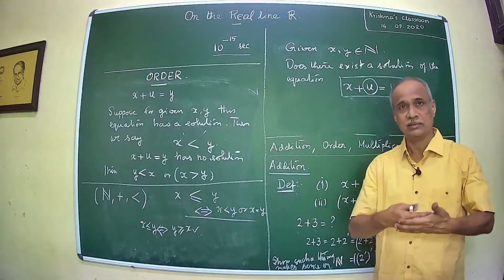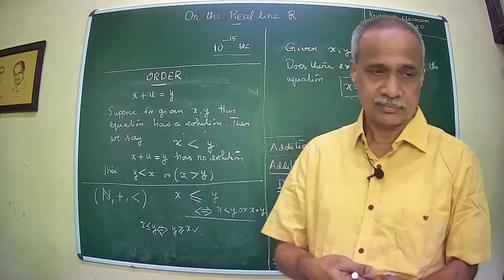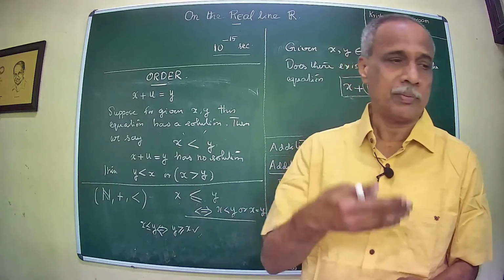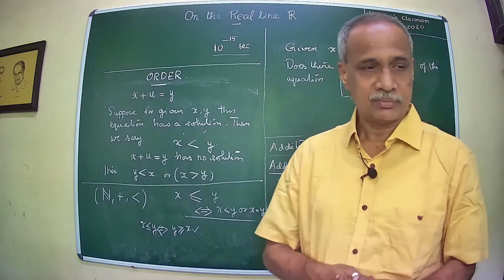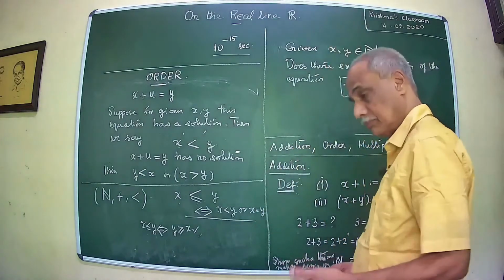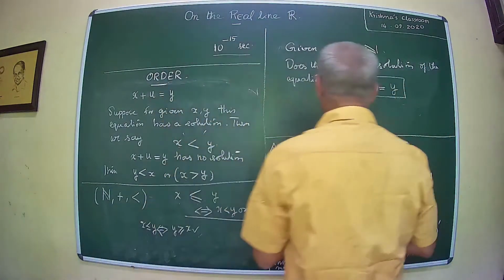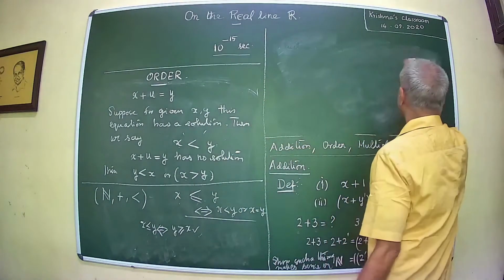Now you see this is important. There are two things. One, already there is an addition with respect to which certain properties are satisfied. Now you have an order structure. How do these two interact together? This is a question that you have to mention. Now this is true for any mathematical system.